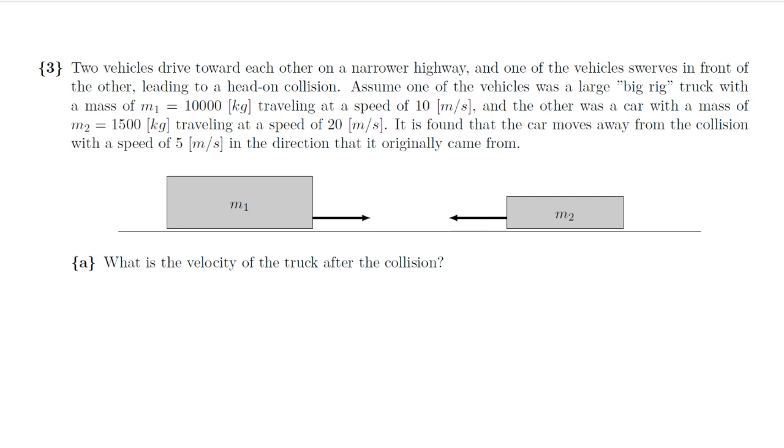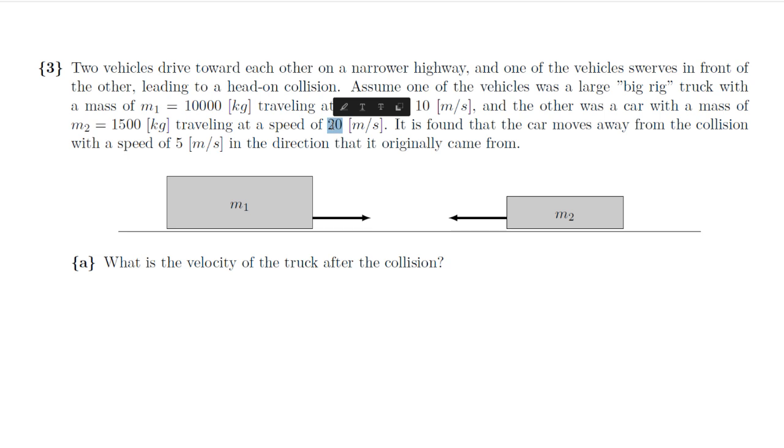Number 3. Two vehicles drive towards each other on a narrow highway, and one of the vehicles swerves in front of the other, leading to a head-on collision. Assume one of the vehicles was a large big rig truck with a mass of 10,000 kilograms, traveling with a speed of 10 meters per second, and the other vehicle was a car with a mass of 1,500 kilograms, traveling with a speed of 20 meters per second.